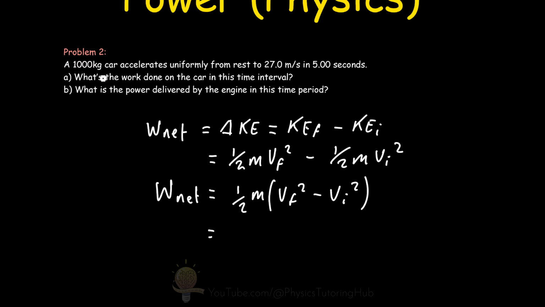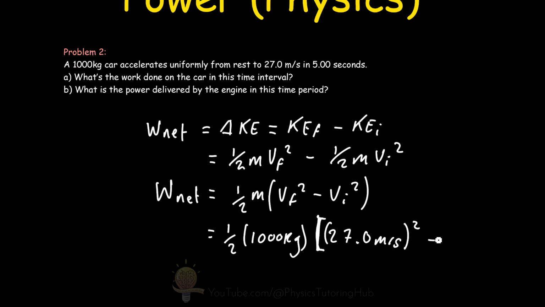So we know the mass of the car. That's 1,000 kilograms, multiplied by its final velocity squared, 27.0 meters per second squared, minus 0 meters per second squared.